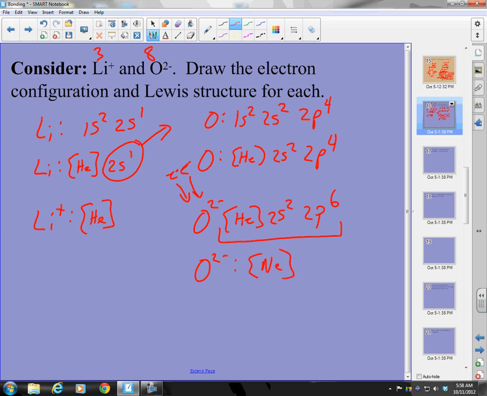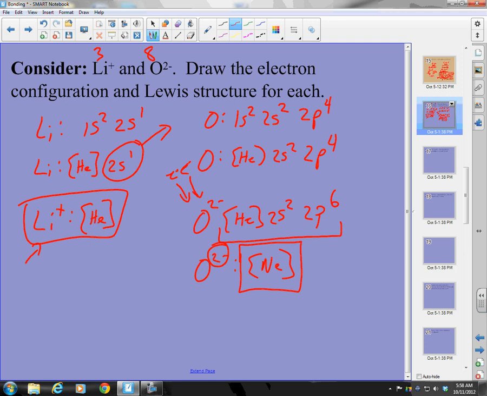When lithium became +1, it lost an electron and it now has a noble gas electron configuration. When oxygen gains 2 electrons, it also has a noble gas electron configuration. So these guys are gaining stability by gaining these noble gas configurations. Good, so that's the first thing.